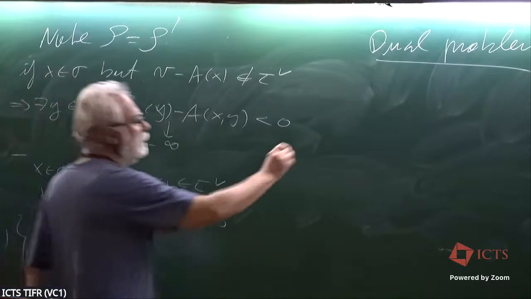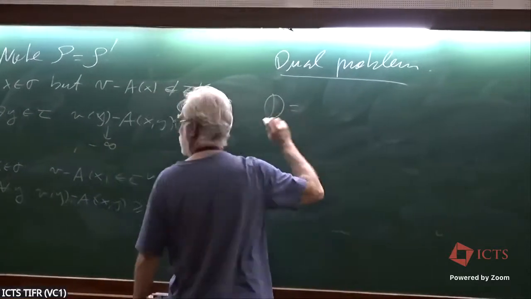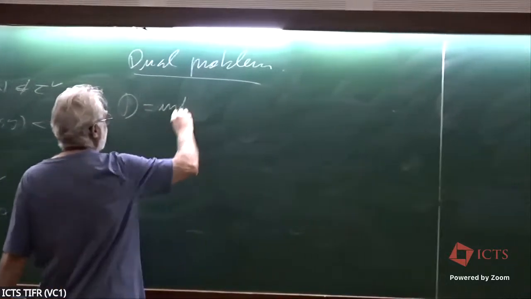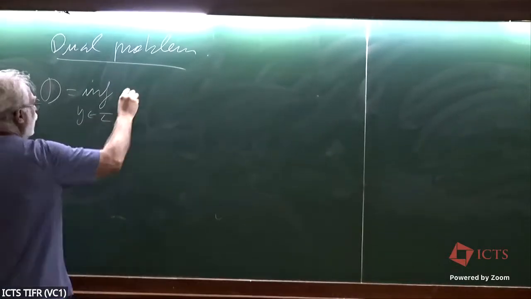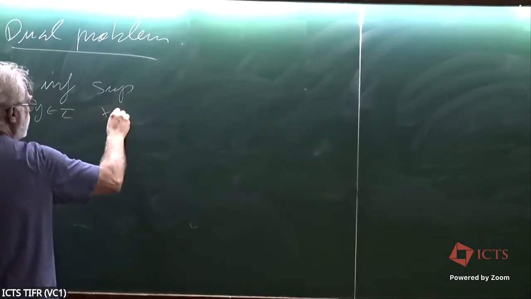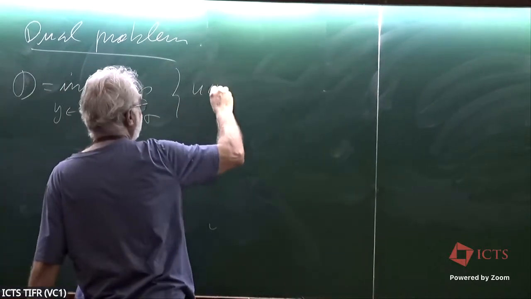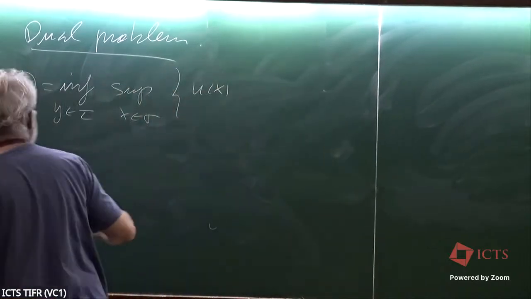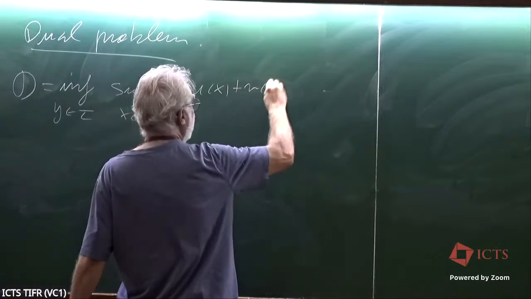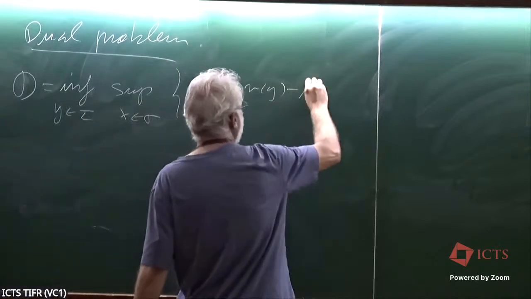It will be taking the inf for all y inside tau of the sup for all x inside sigma of the same problem, U of x plus b of y minus a of xy.